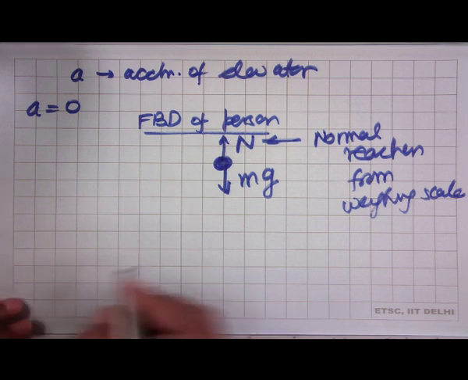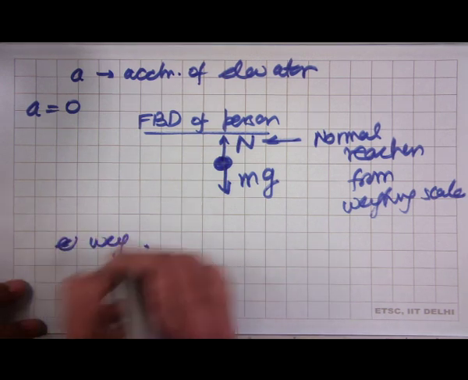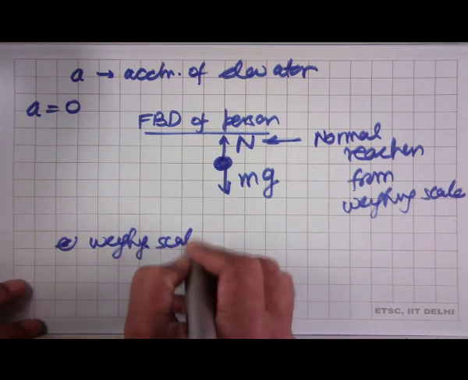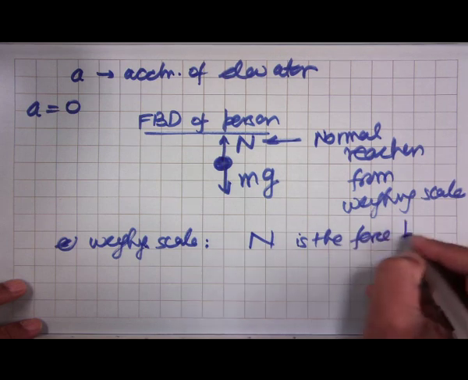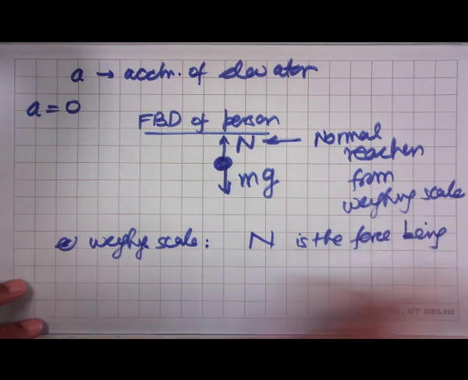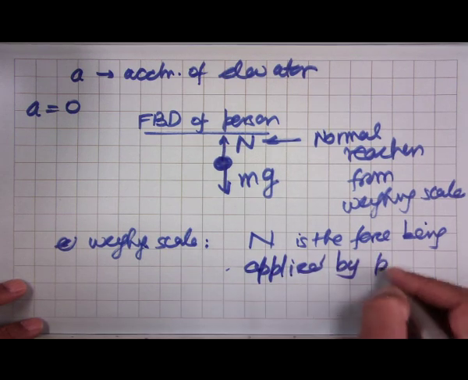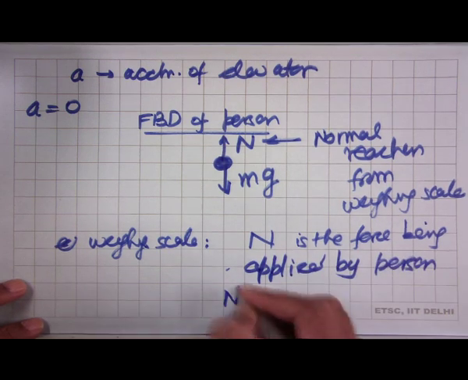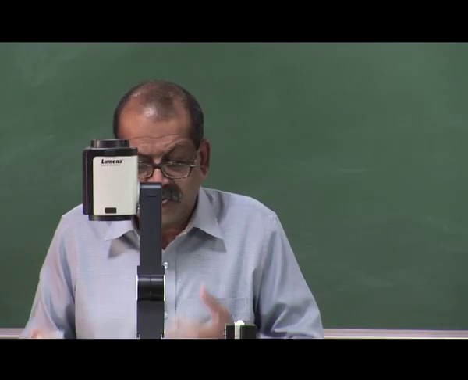And then when we look at the weighing scale, N is the force being applied by the person, and this N will be equal to W prime, the reading which will be shown by the scale.